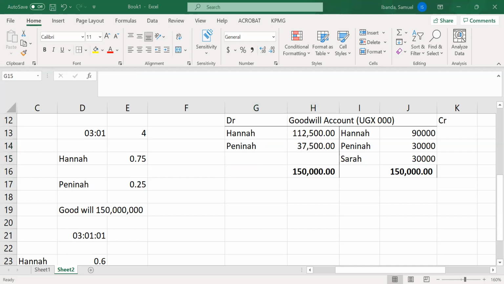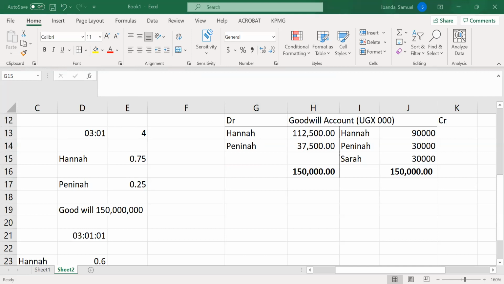And I think one of the people that joined in earlier on asked, when do we take goodwill to the statement of financial position and when not? Depending on the method we are using, that is what exactly happens, okay?